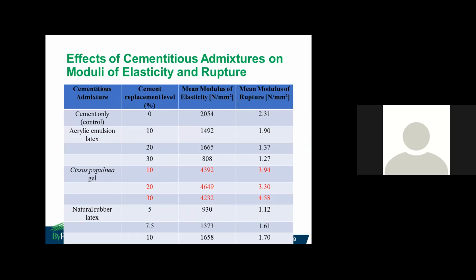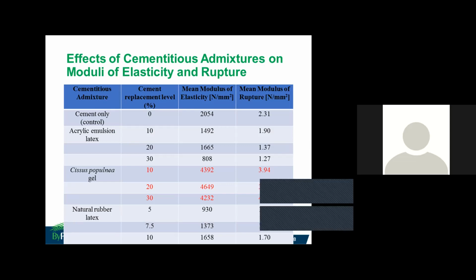Usually for most composites, you want the MOE to be at least 3,000 newtons per millimeter squared. It was only the samples containing Cissus populnea that gave us something above 3,000. Again, suggesting to us that Cissus populnea added to the stiffness of the products.